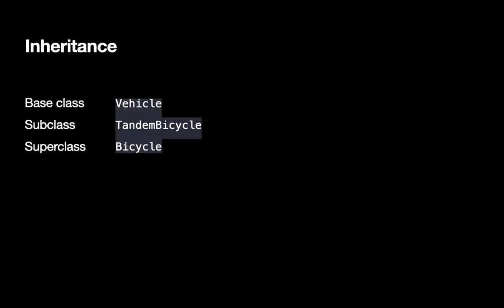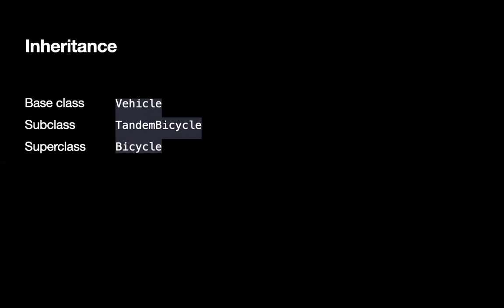A parent class is called a superclass and the child class is called a subclass. It is just like family relationships. Subclasses inherit the properties and the methods from the superclasses. However, subclasses can augment or replace the implementation of the superclass properties and methods.